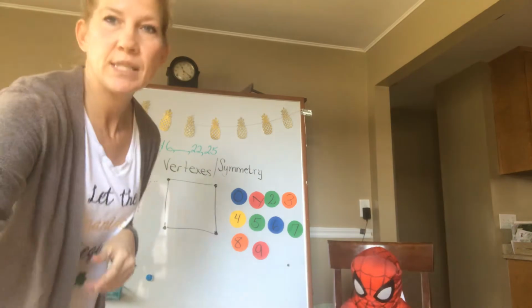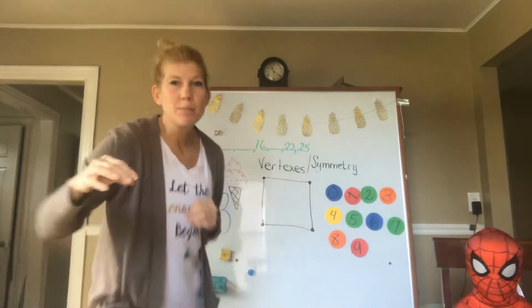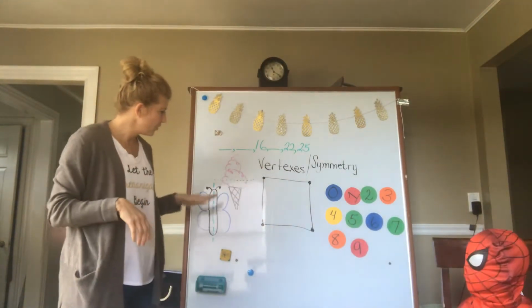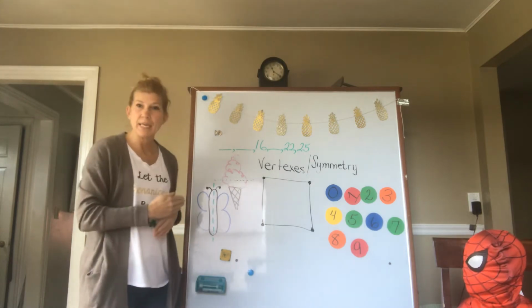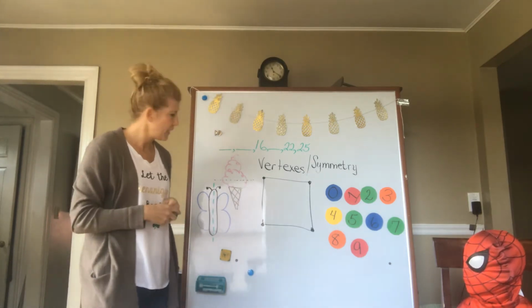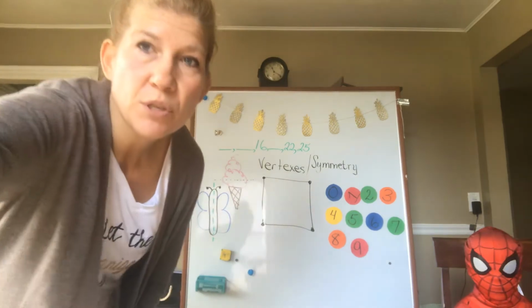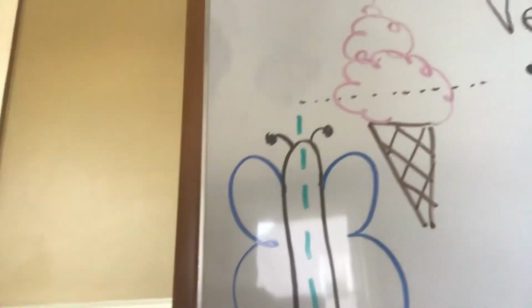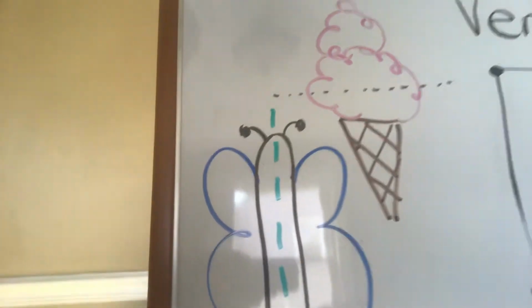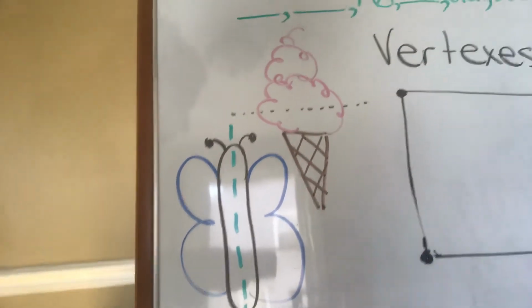All right, now the next thing that I want to look at is symmetry. Symmetry is when we take a shape and we divide it in half, and it's divided evenly. Now I'm going to show you the shapes that I have here. So here are our two shapes. We have an ice cream cone and we have a butterfly.